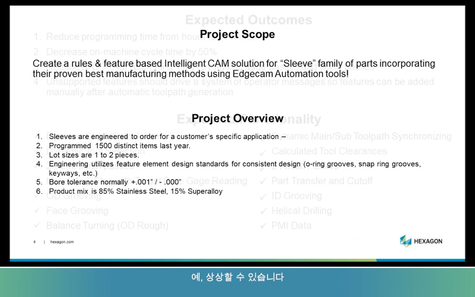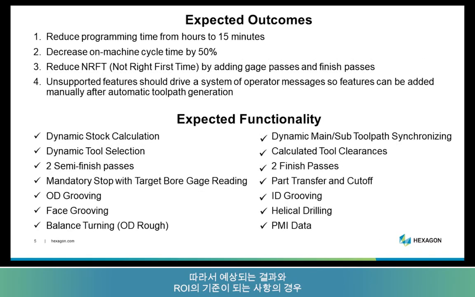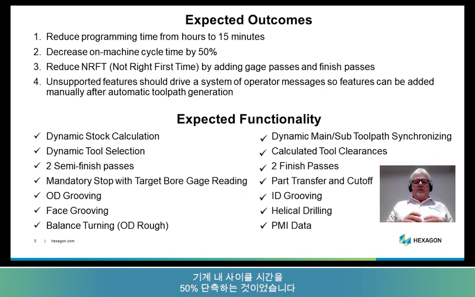Yes, I can imagine. So for their expected outcome and what they're basing their ROI on, we needed to reduce their programming time from hours to 15 minutes and decrease their on-machine cycle time by 50%. They have an acronym called NRFT, do it right the first time.